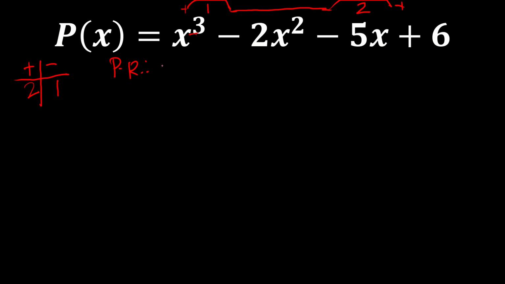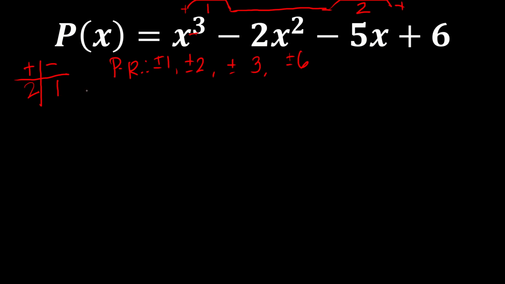So what we have here is factors na ay positive, negative, 1. Then, ano yung multiply sa 1 para maging 6? So we have positive, negative, 6. Katulad kanina, we also have positive, negative 2 and positive, negative 3. Okay po? Okay, next. Ayan na yung possible roots.